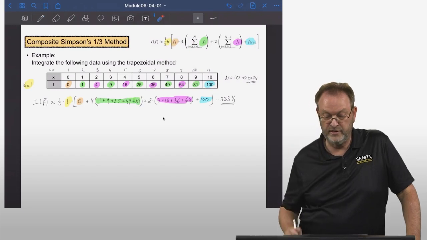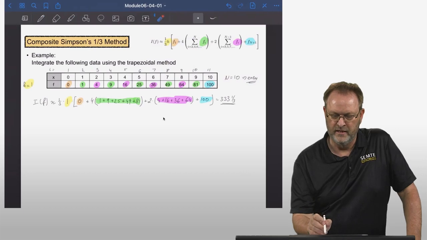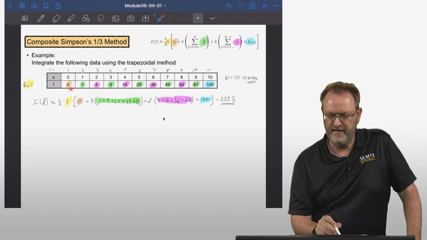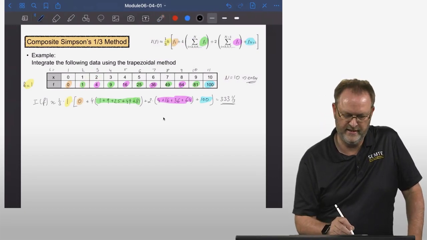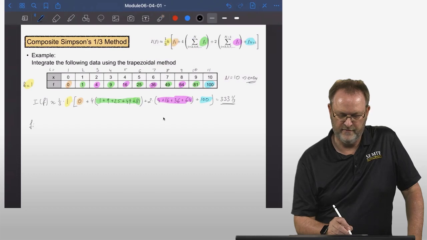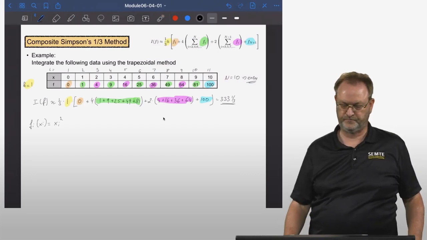Now the other thing to notice is that in a prior video, when we integrated this data, we talked about that these function values are actually just the square of the x values. Right? So this data here, f_i of x_i, is just equal to x_i squared.